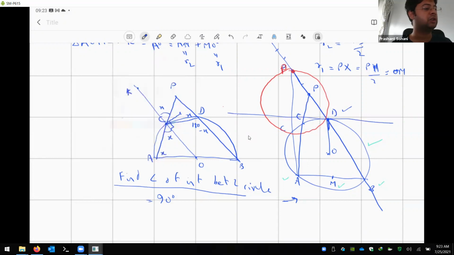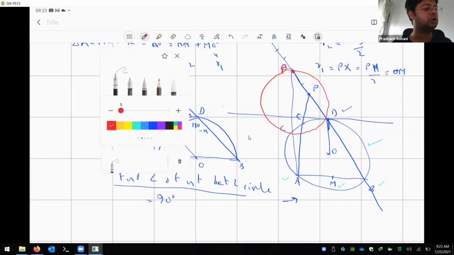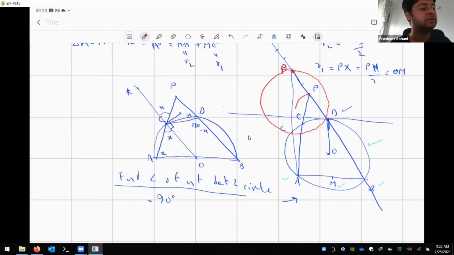So the circumcircle of PCD, this circle will vary, but I'm interested in what its tangent at point D is. If I can see that properly, then we are done. Okay, so let us think.